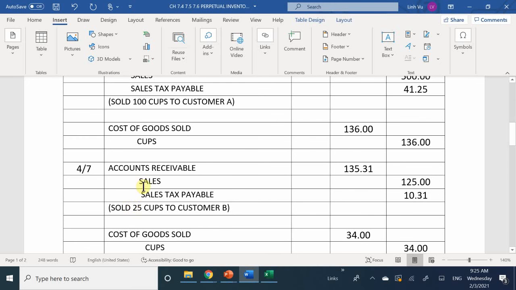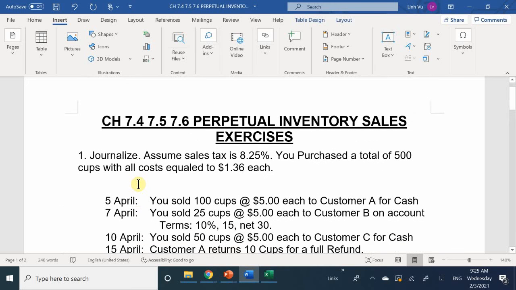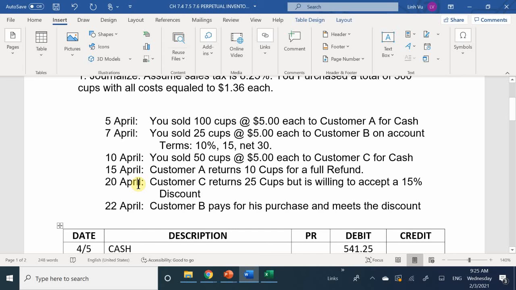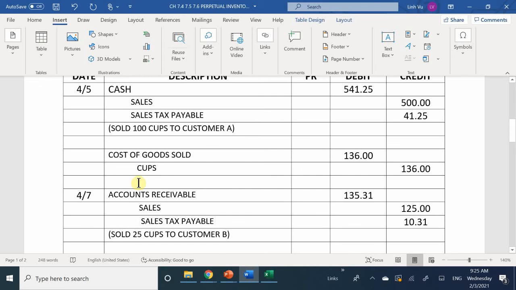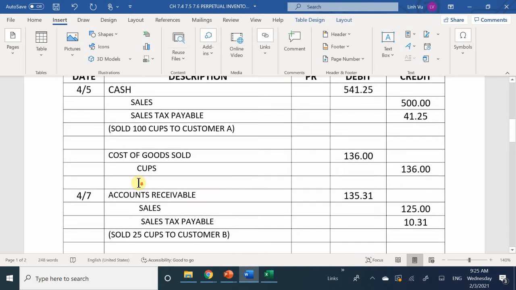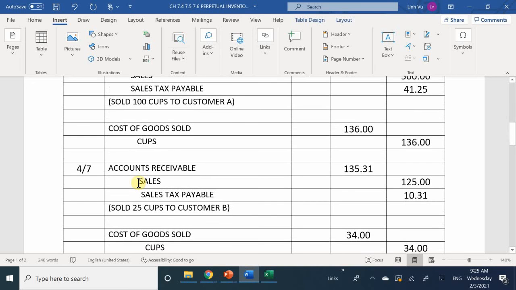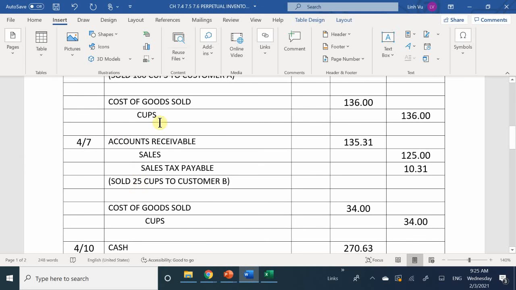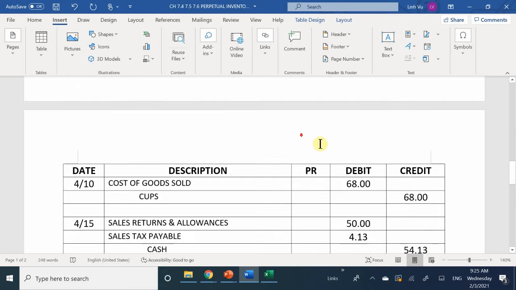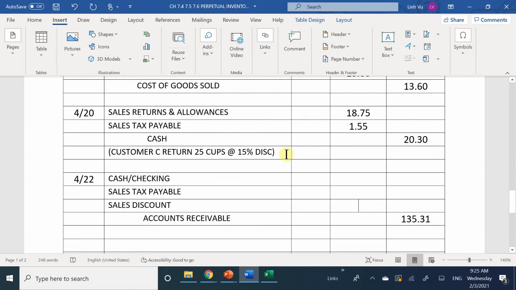Did I give him 10%? Yes, 10%. Okay, so let's try that again, because that's also including sales tax. What can we discount when we give a discount? Just 125. Correct. And 10% of 125 is 12.50. Correct. So 12.50 is our discount.